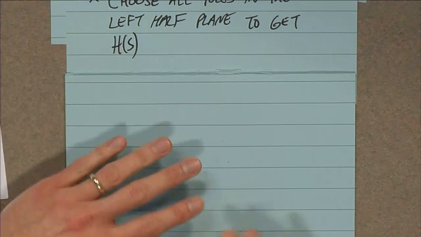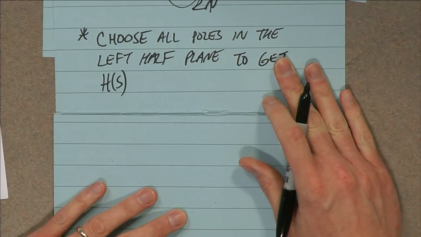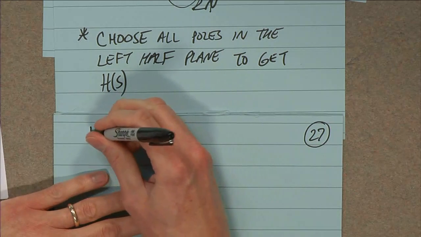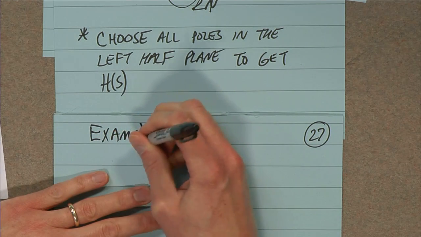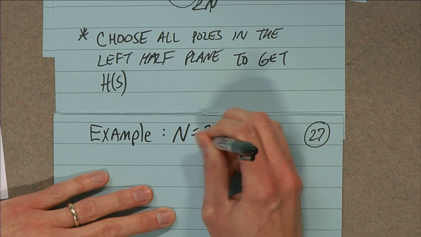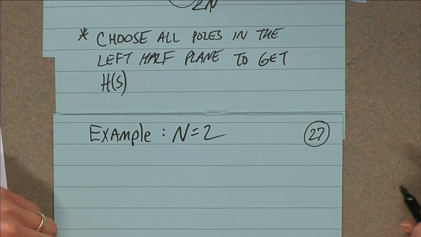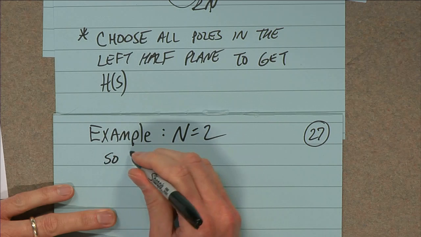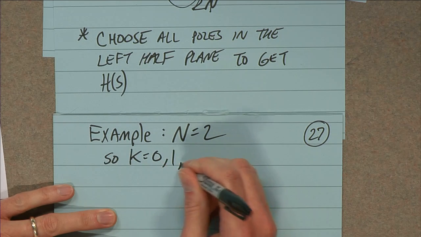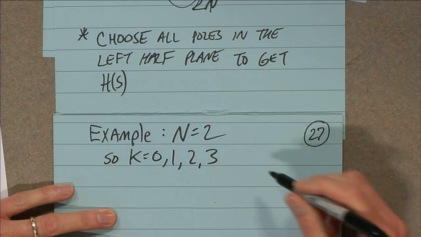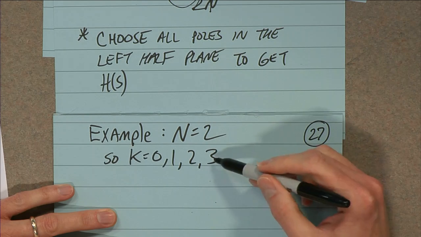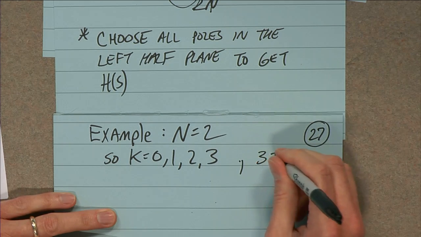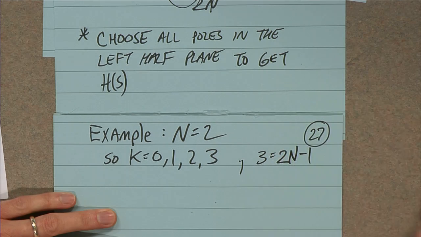So just to kind of make ideas concrete, let's just throw in a number for n. So let's do an example and say n is equal to 2. We've gone through the analysis. We know we need a second order Butterworth filter. So what does that mean? k is 0, 1, 2, 3, because 2 times 2 minus 1 is 3. 2n minus 1, right?